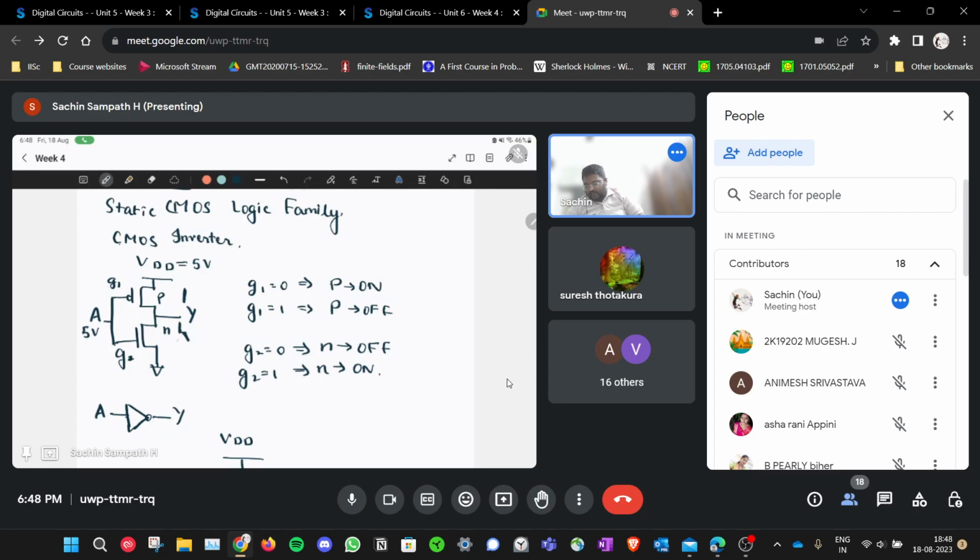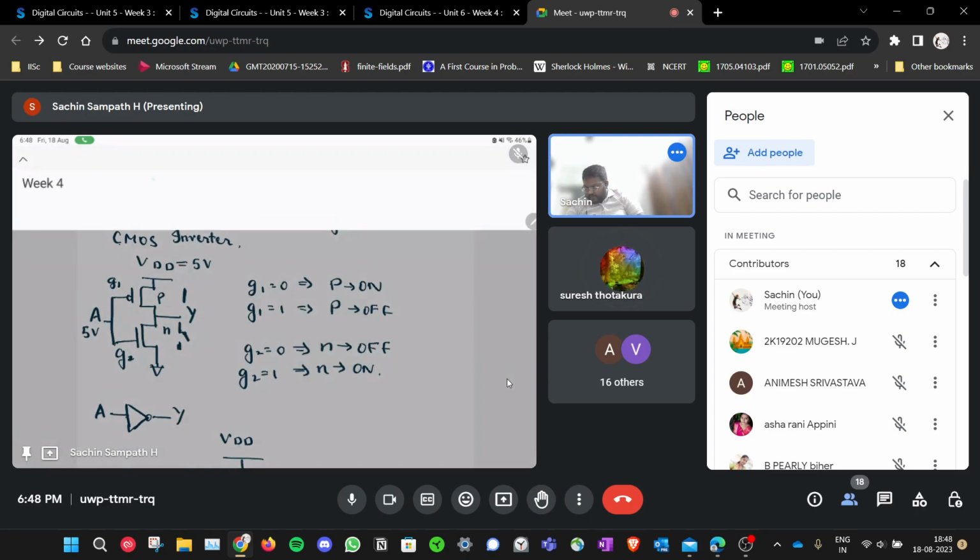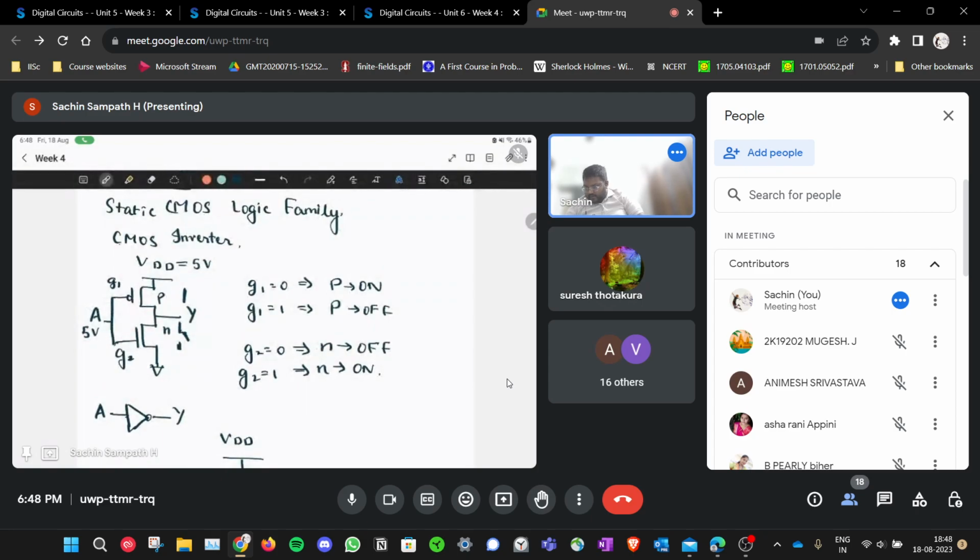Wait, it is the opposite way. If you give 5 volts here, this will be open and this will be closed. So you're supposed to get 0 here since the ground is at 0 volts.